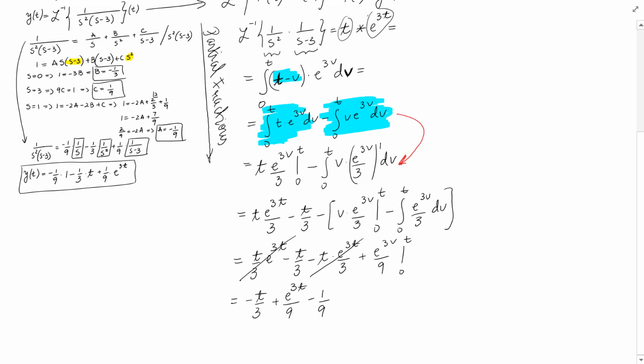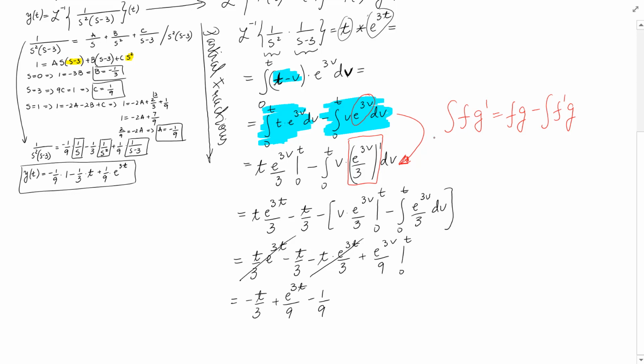I actually used another notation: the integral of f g prime is f g minus the integral of f prime g. I wrote as my g prime e to 3v over 3. If we differentiate this with respect to v, we obtain e to 3v, so it's okay.